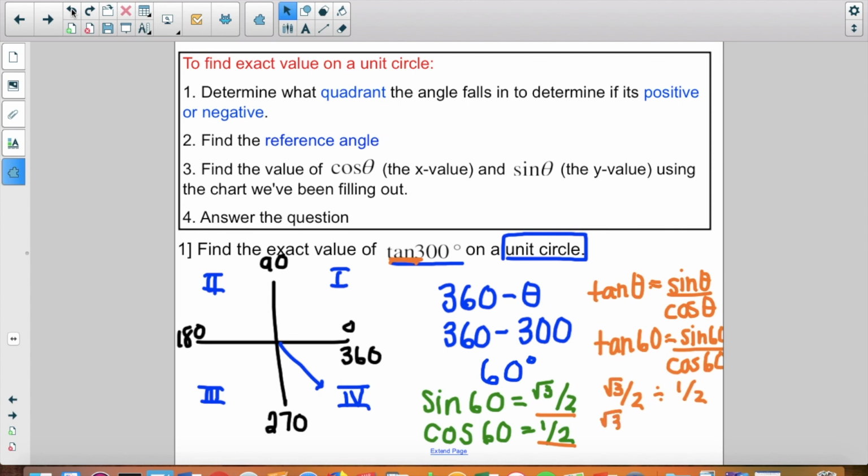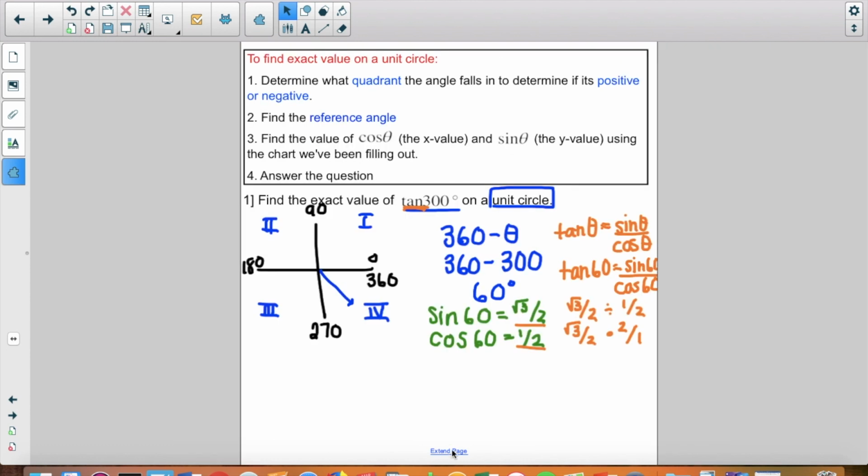Keep, change, flip. We keep this, change to multiplication, and flip that. Now the 2's will cancel, and we are left with radical 3 as our answer. Keep in mind for this problem specifically, you didn't have to do all this work if you remembered the tangent of 60.